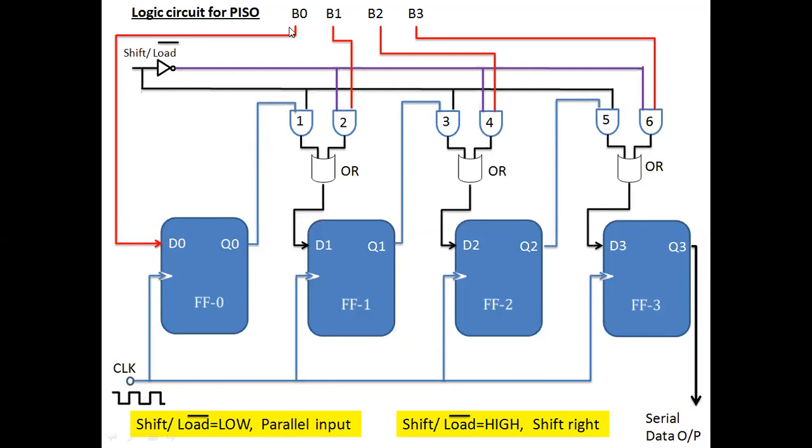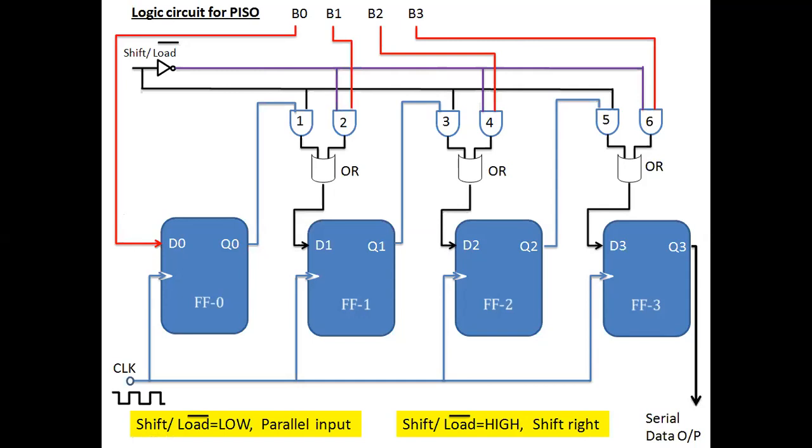But if we see B1, it is an AND operation, so the AND of these two will come here. Whatever data B1 we have applied will come at the D1 input. Similarly, B2 data will come at the D2 input, B3 data will come at D3, and B0 input comes directly to D0.